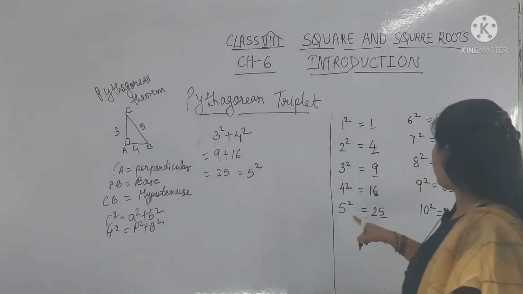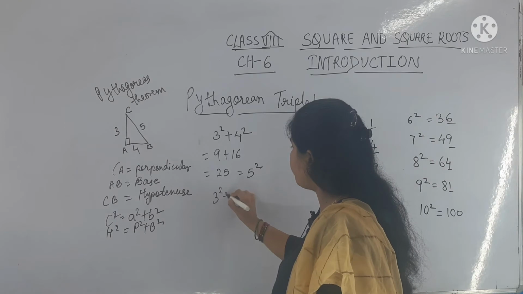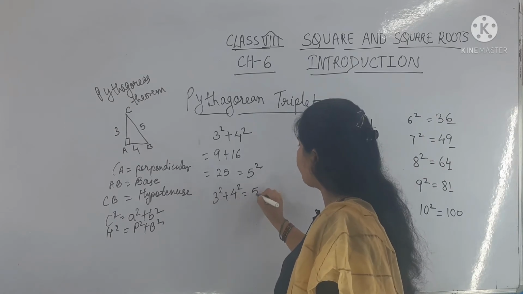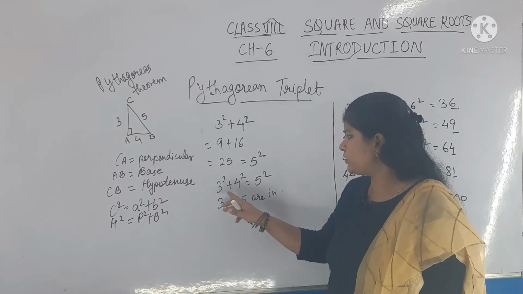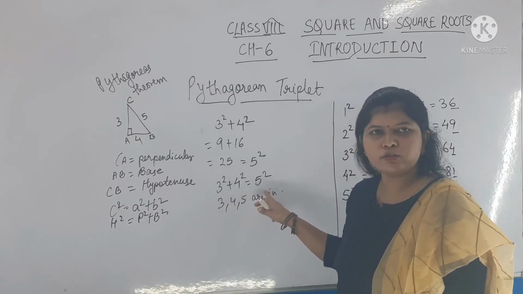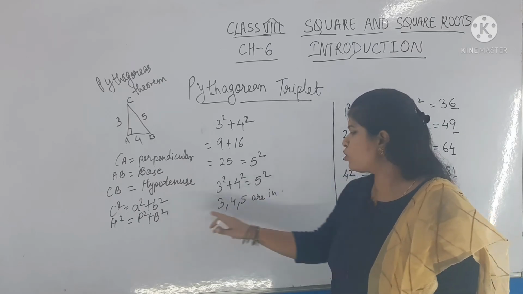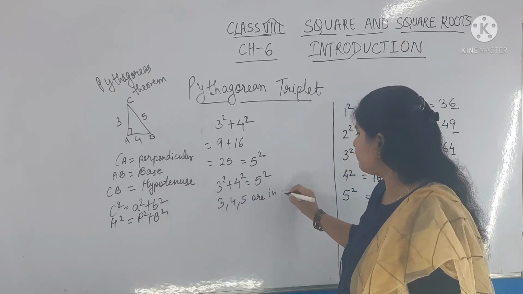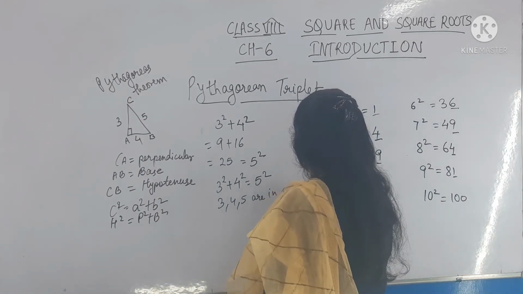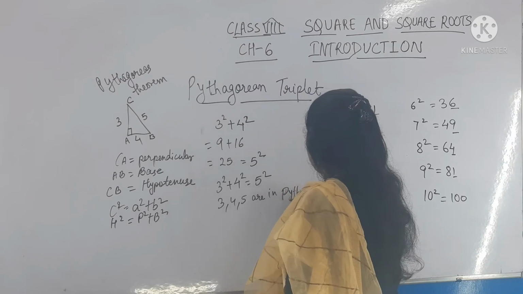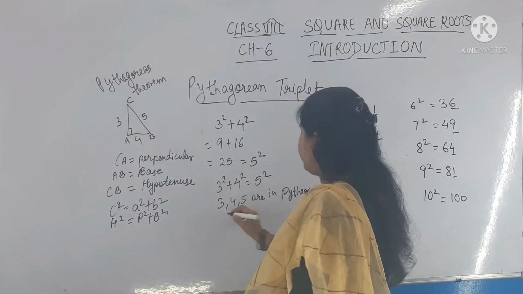So 3 square plus 4 square is equal to 5 square, which is the formula for the Pythagoras theorem. So 3, 4, 5 are in a Pythagorean triplet.